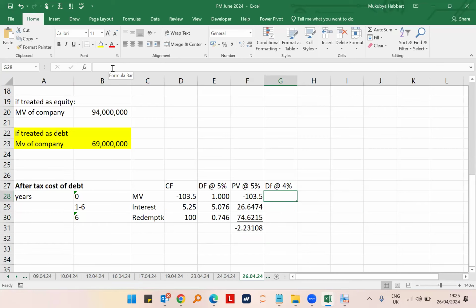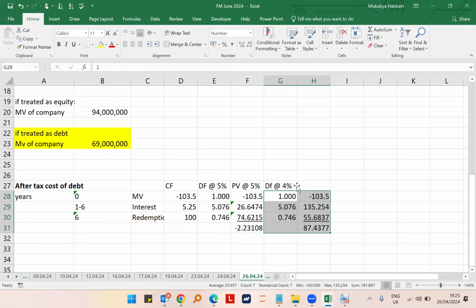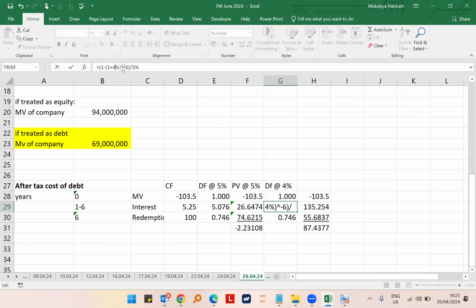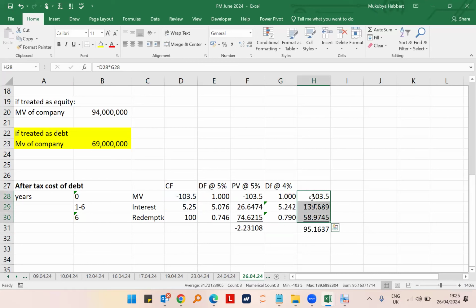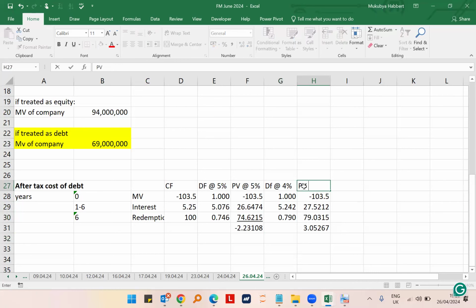So if I do 4%, I'm just going to copy all this. Change this one to 4%, and this one to 4%, and this one. Then I can multiply the cash flow by the discount factor at 4%. When I do 4%, I get a positive.